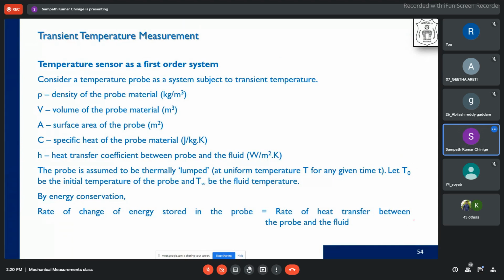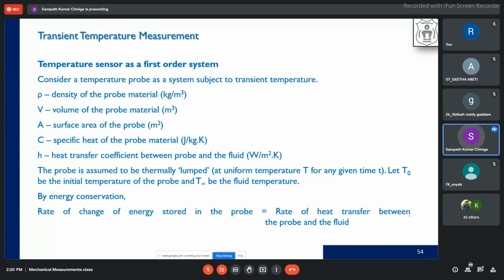Okay, suddenly if a step input is given to a first order system, how will the output behave? Depending on the damping coefficient, or it will slowly go and exponentially match with the input, but it takes a certain time, correct?